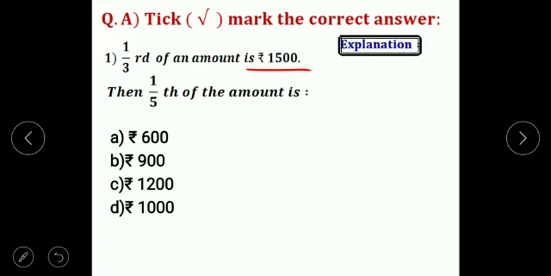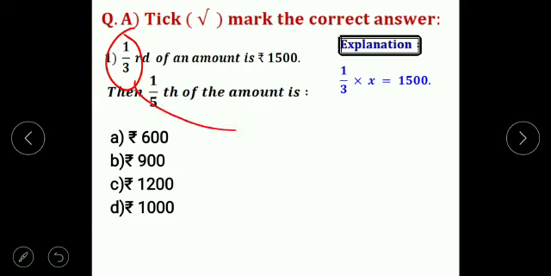So here, the explanation is: see the question, 1/3 of an amount is rupees 1500. That means first we have to convert this sentence into symbolic form. So first write down this 1/3 as it is.